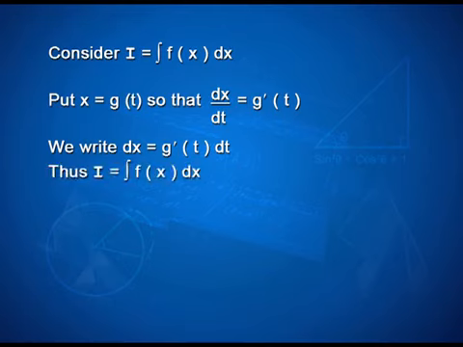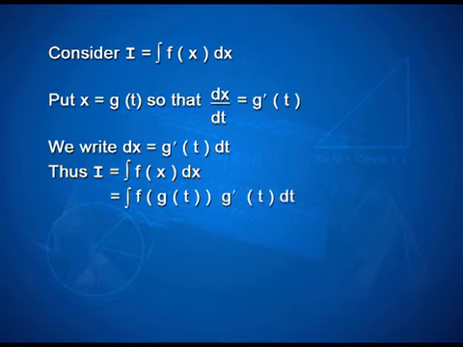Thus, I is equal to integral f of x dx, that is equal to integral f of g of t into g dash t dt. This change of variable formula is one of the important tools available to us in the name of integration by substitution. It is often important to guess what will be the useful substitution.